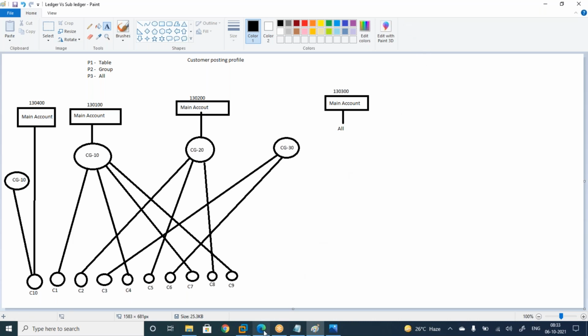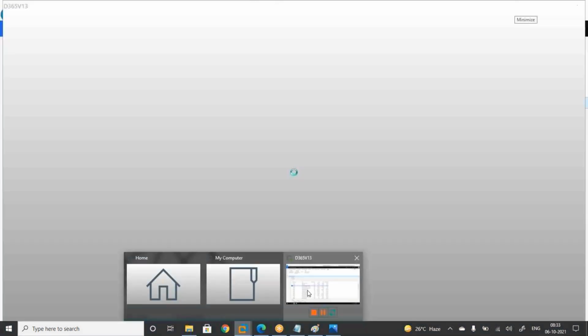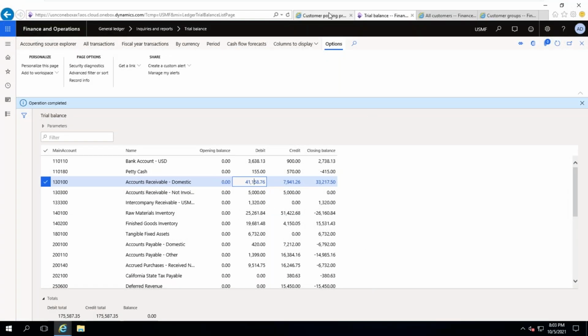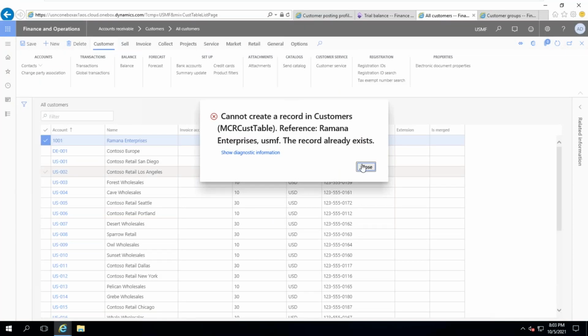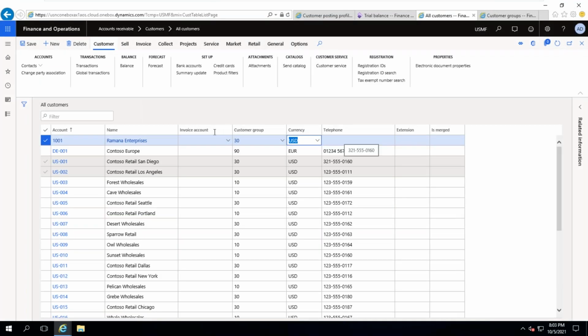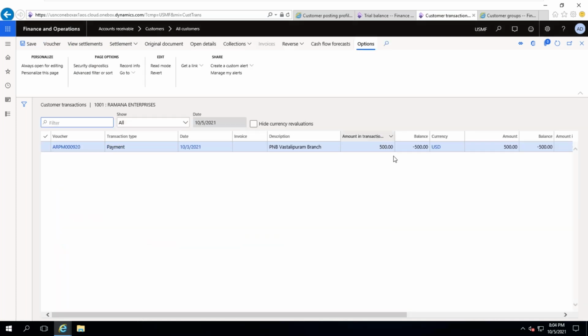So now what I did, I have created, take the example, customer 1001. If you verify the transactions, only 500 was posted.